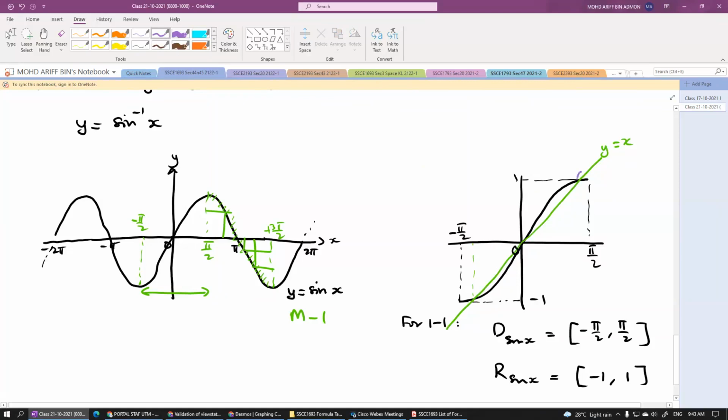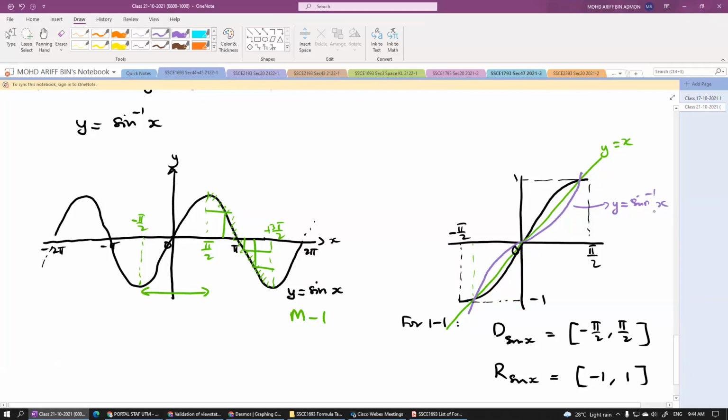Cross like this. It's not pretty, sorry. It's okay, sir. So you are getting something like this. Then this is your y equal to sine inverse x.